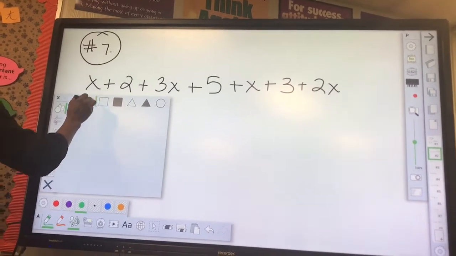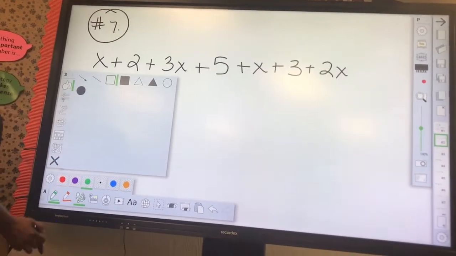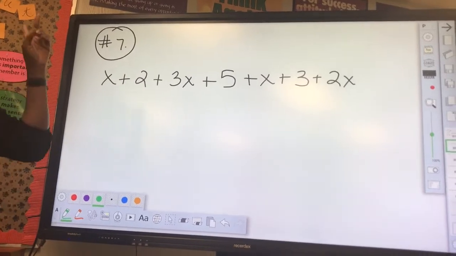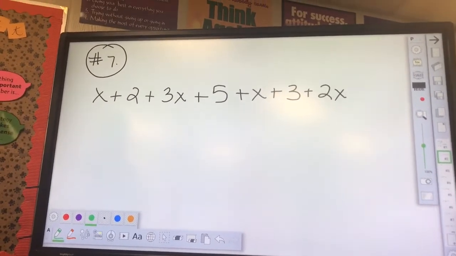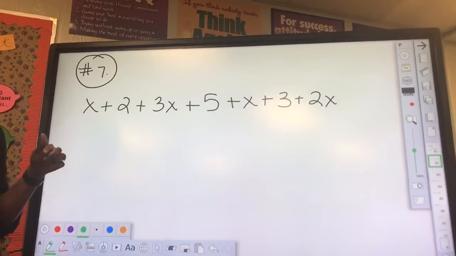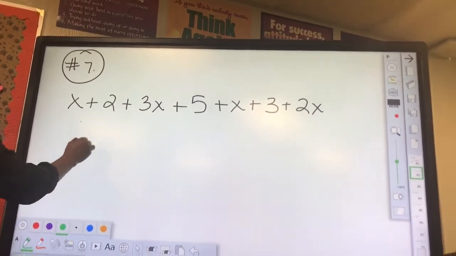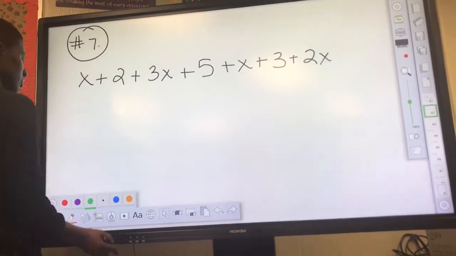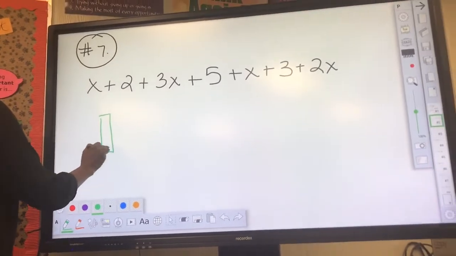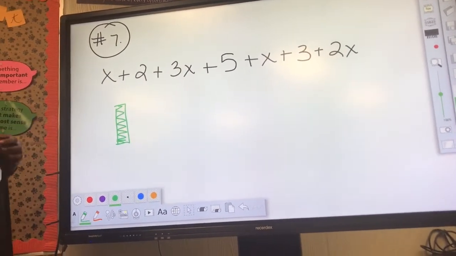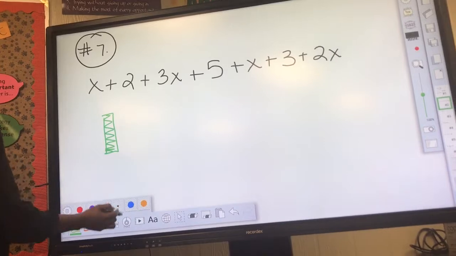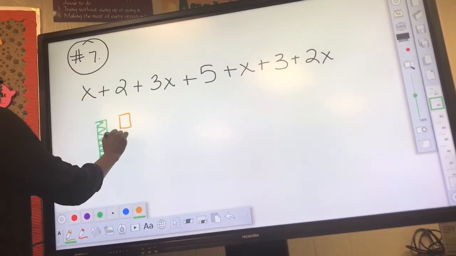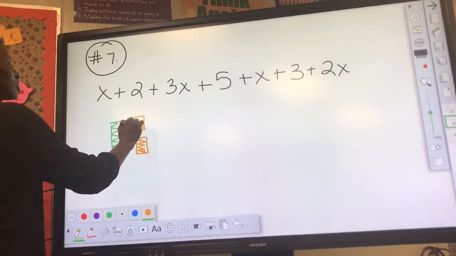So I want to use tiles. In the book, we have long tiles called algebra tiles. And the algebra tiles each represent a variable. So if I got this, it represents 1x, right? This represents 2.